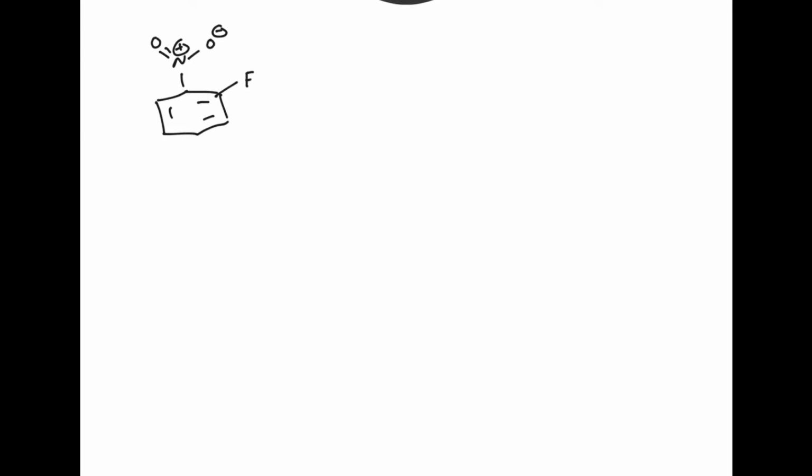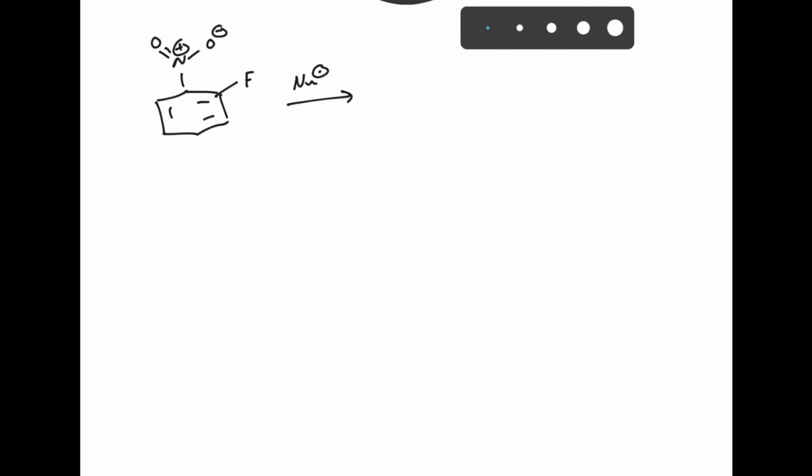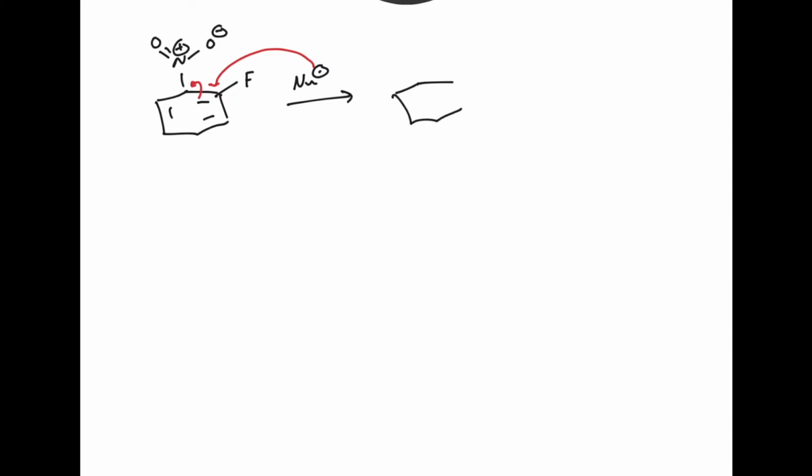Right? So we'll do a generic nucleophile again. So I add to this carbon, push electrons over. When you're ortho or para to your electron withdrawing group, your negative charge ends up on the carbon that's bonded to the electron withdrawing group, which means that you can draw resonance structures where this negative charge goes out onto the electron withdrawing group.